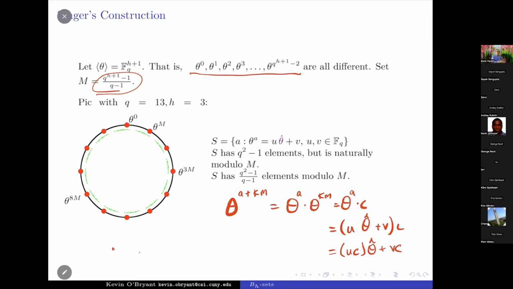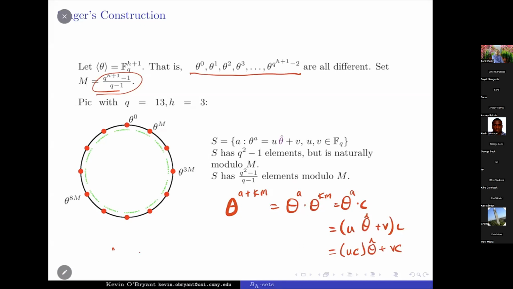So everything that is in S, if I add a multiple of m to it, I get another thing that's also in S. Unless I fall off the end of it because this is modular, but I'm only taking up to q to the h plus 1 minus 2. So this set S has a natural mod m structure. And when we reduce like that, we find that S has q squared minus 1 over q minus 1 elements modulo m.